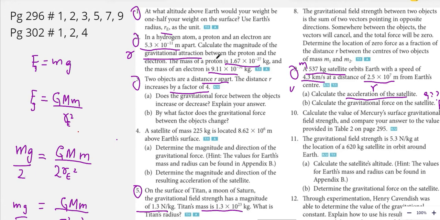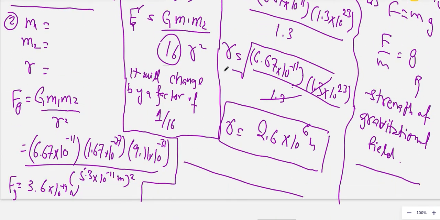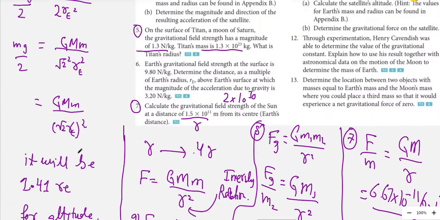The mass of the proton is given and the mass of the electron is given. As we have m1 and m2, I am not writing them again over here, but we have the mass of electron and mass of proton as m1 and m2, and the distance between them is r, which is also given. Then we just have to put the values over here, and whatever answer we get will be the answer of this numerical.